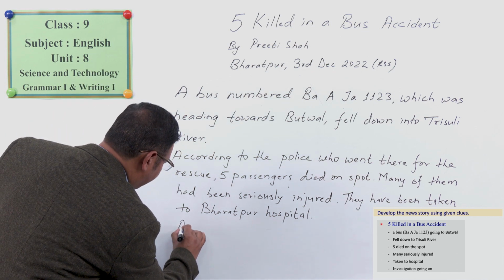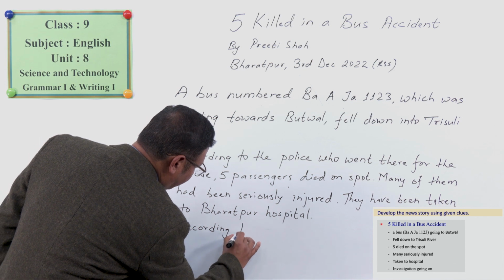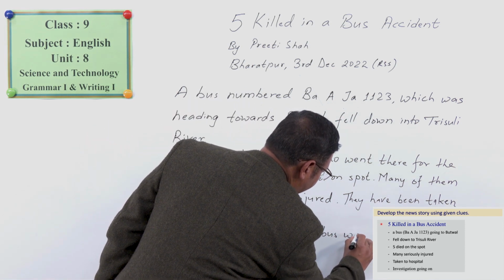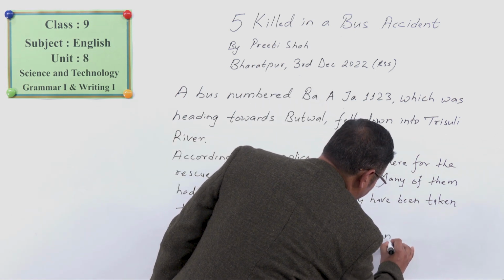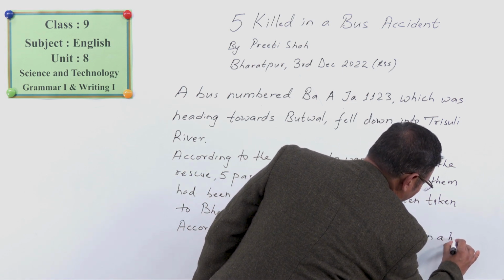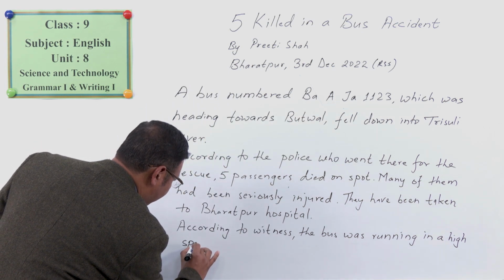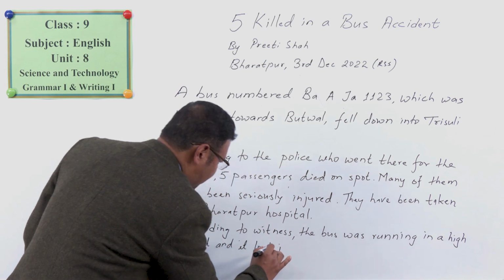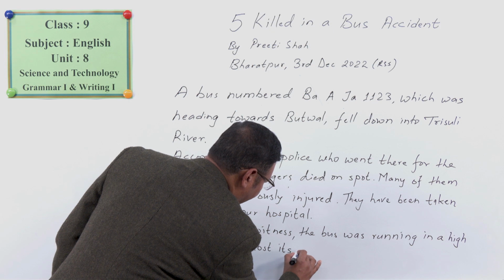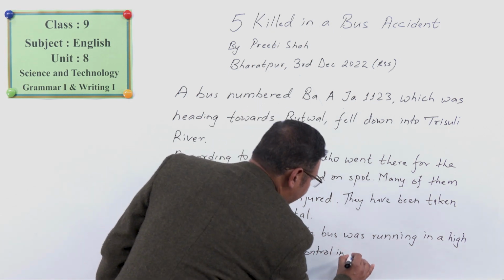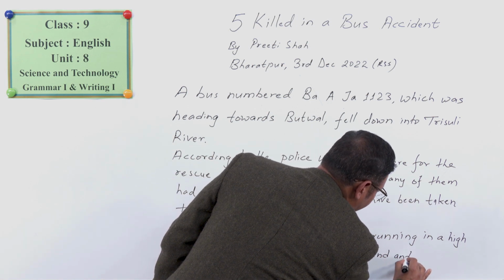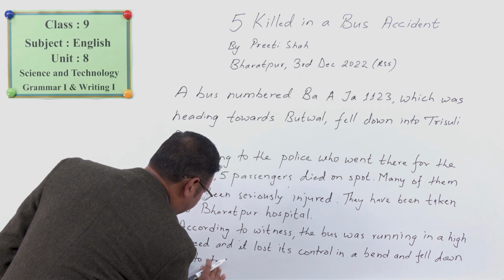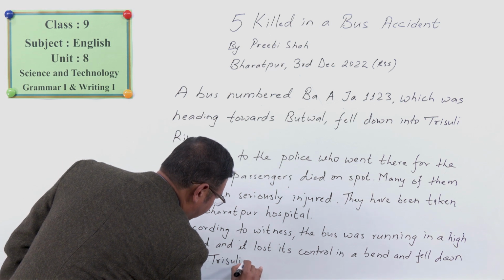According to the witness, those people who saw it, the bus was running at a high speed, and it lost its control in a bend and fell down into Trishuli River.